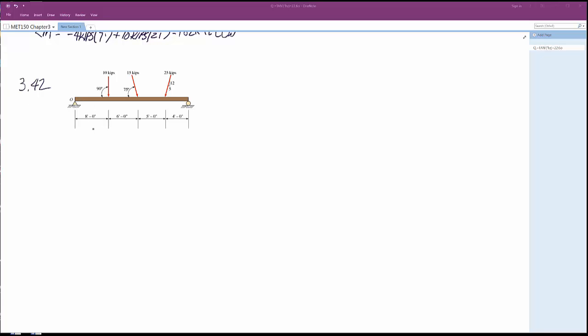Okay, on problem 342, we've got a free body diagram here, but what we're going to do is split these out.